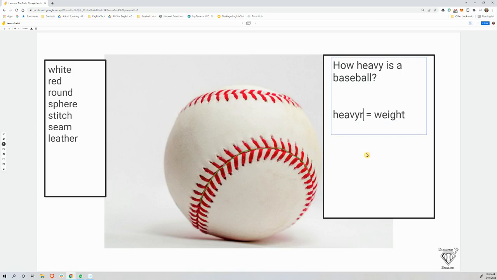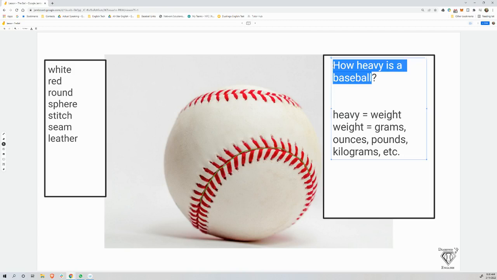Weight is stuff like grams, ounces, pounds, kilograms, etc. All right. Think of heavy. I'm going to say weight. How heavy is a baseball?